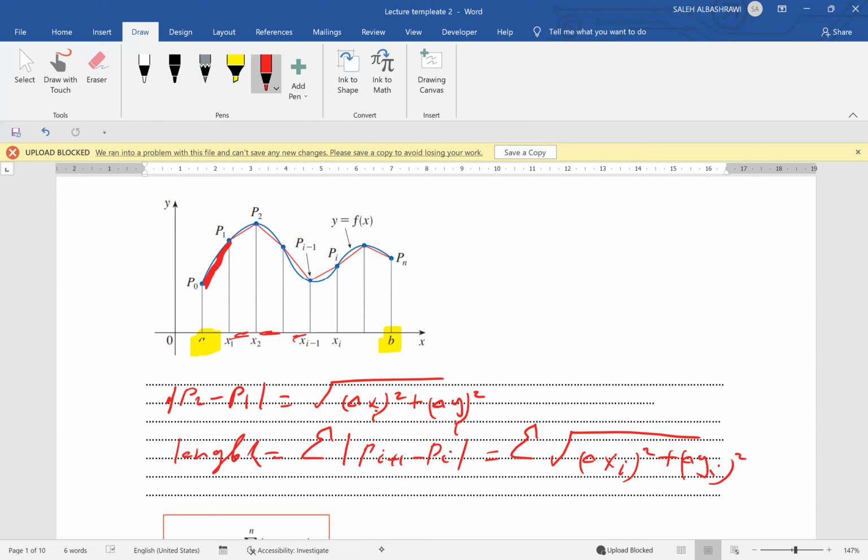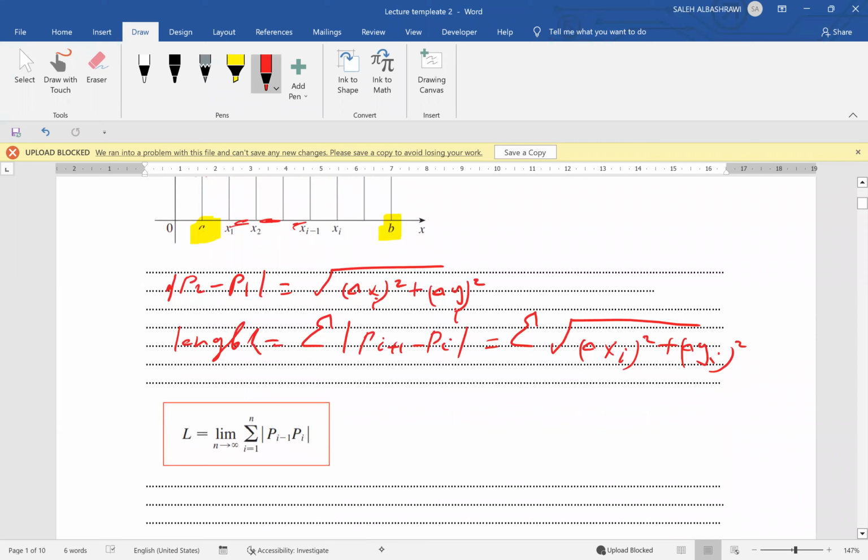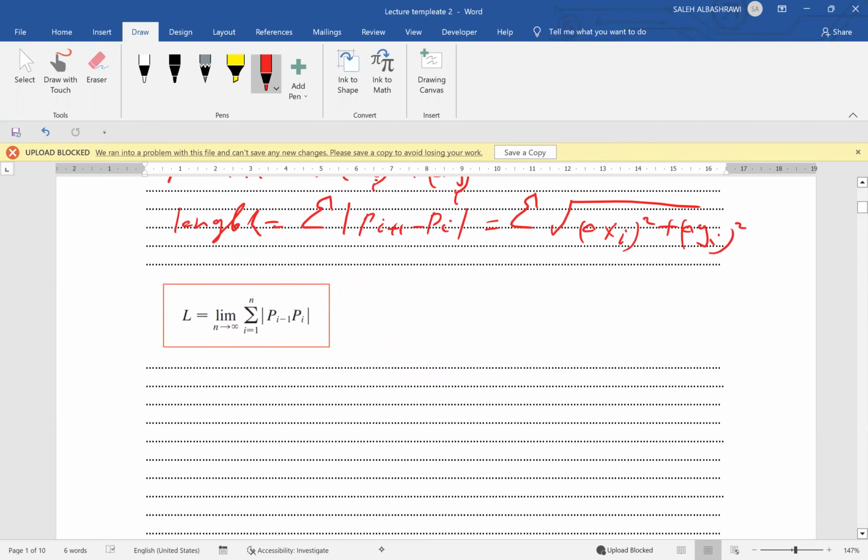So the arc length for the given curve y equal to f of x can be estimated by the sum of the lengths of all of these line segments. If we make this partition very small by taking the limit as n goes to infinity, then this is equal to the limit, taking the sum, square root of delta xi square plus delta yi square, as n goes to infinity.